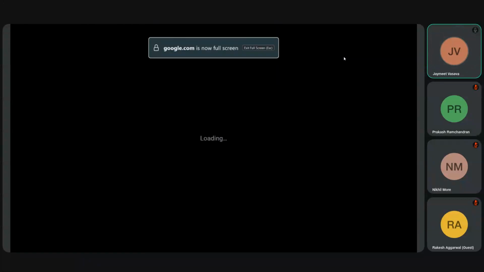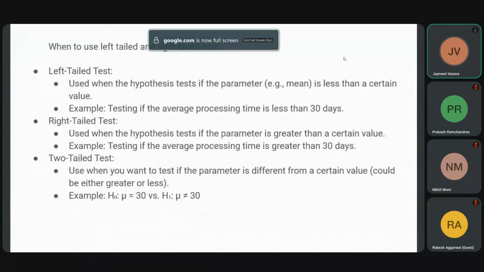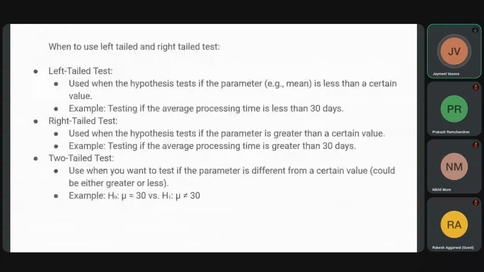Now there is a left tail and a right tail test in the z score. The left tail z test will be used when the hypothesis tests if the parameter, like mean, is less than a certain value. Example being testing if the average processing time is less than 30 days.